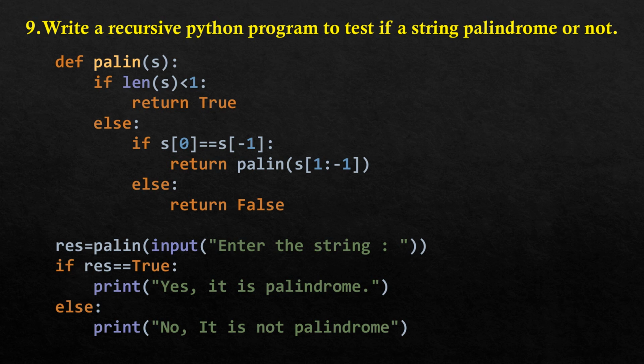And the recursive code is if the first and last character of the string are same, then palin function will be called with the string trimmed of the first and last character, else return false. We will call the function by passing a string as argument, and the return result is stored in a variable res. If res is true, then the string is palindrome.